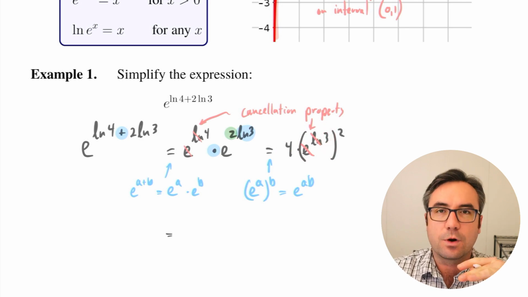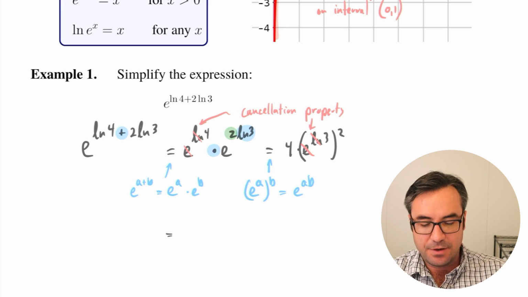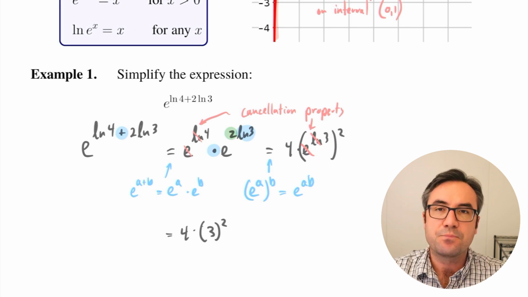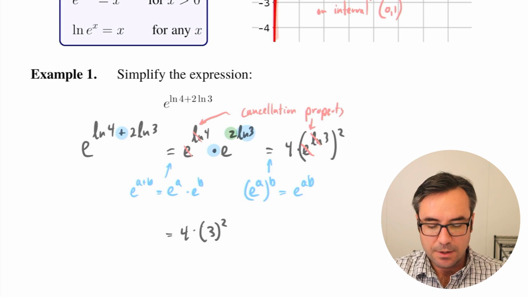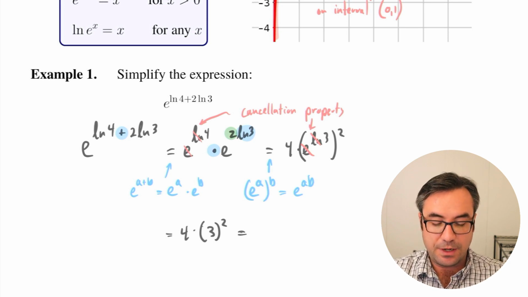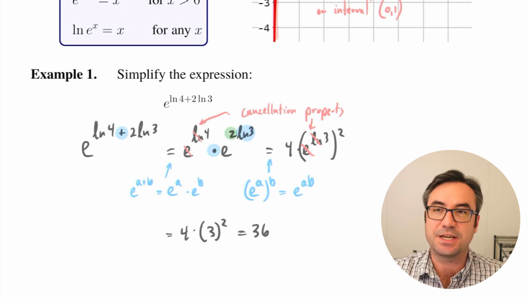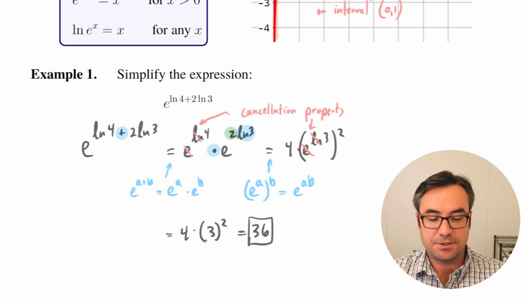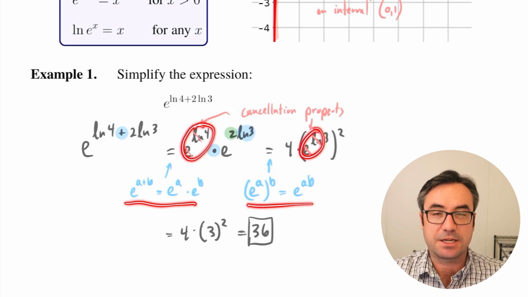And the 3 works its way down to the main level of our line here. So we're going to have 4 times 3 inside the parentheses, and then that whole term squared. And if we finish that off, we get 4 times 9, which is 36. All right, so we are able to use some cancellation properties and then a few of our exponent laws.